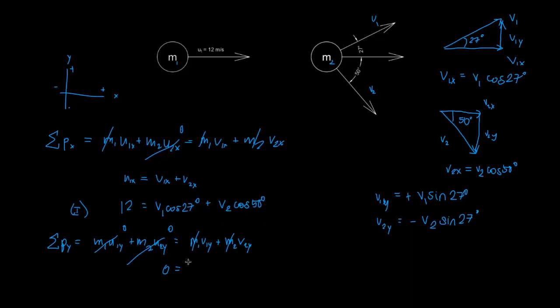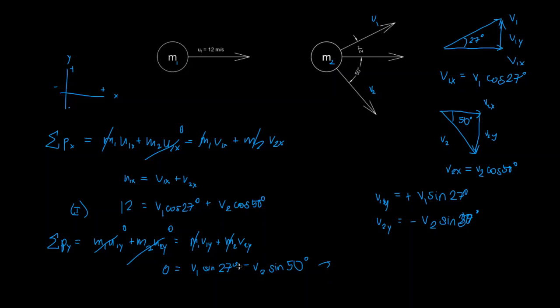So that 0 equals v sub 1 sine 27 minus v sub 2 sine, hindi siya 27, that's supposed to be 50 degrees. Basta 50 yan. 50 degrees. Ayan.